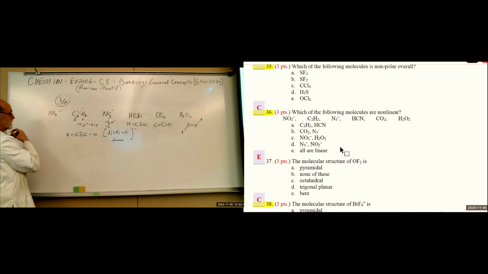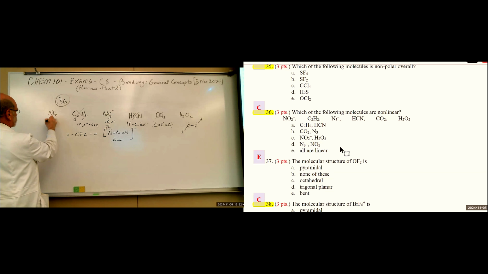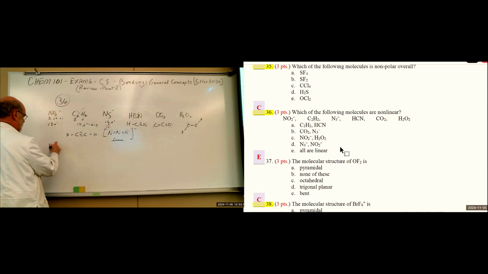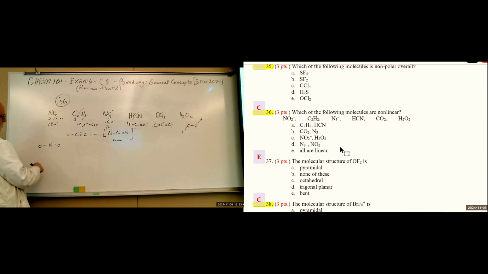Okay, and this one, I think this one's kind of wonky actually. That's 5 plus 2 times 6 is 12 plus 1. So 18 electrons. I'm going to go ahead and do this one because it's a polyatomic ion, which is nitrite. NO. Okay, 1, 2, let's do 4. 14. 2, 4, 6, 8, 10, 12, 14.